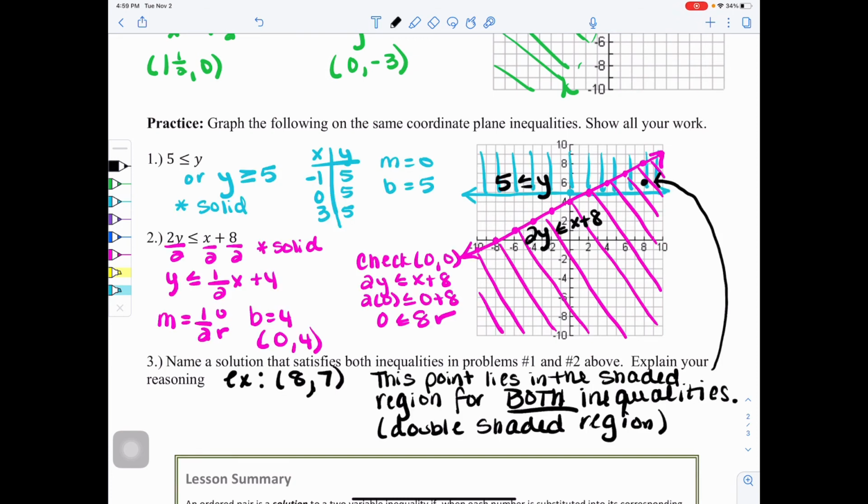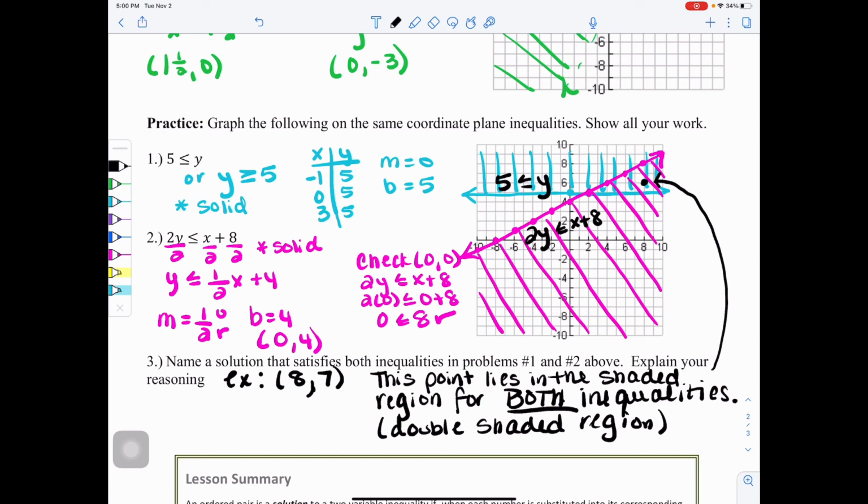Okay, so at this time, you've had a chance to try the practice questions, and now you're going to check your answers. So in number 1, I did change it to y is greater than or equal to 5 to help us with graphing. Since it's or equal to, I know it's going to be a solid line. In order to get that line, remember you can use a table as a resource.